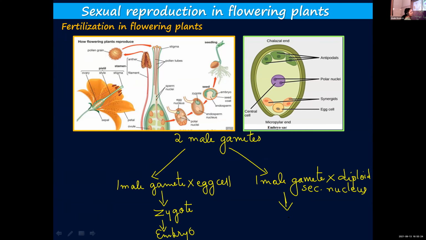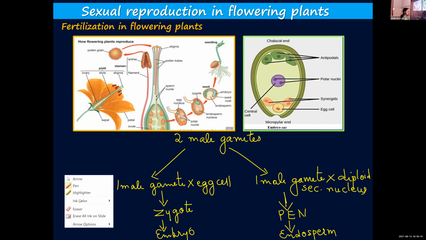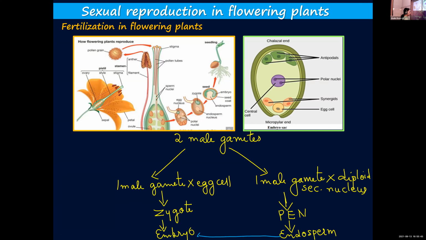PEN, the primary endosperm nucleus, and it will develop into endosperm. Endosperm will provide nourishment to the growing embryo.